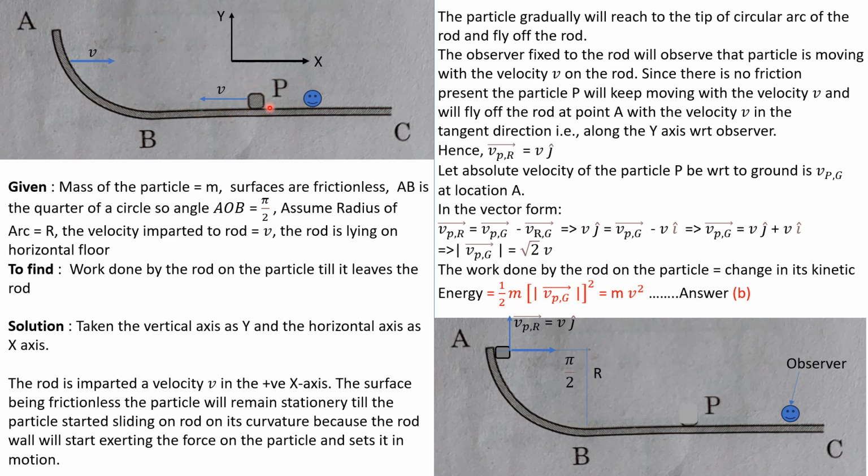Since the particle is on the floor only, its potential energy is not changing. The only thing changing is its kinetic energy. You can go through the write-up; this will give you ease in understanding.